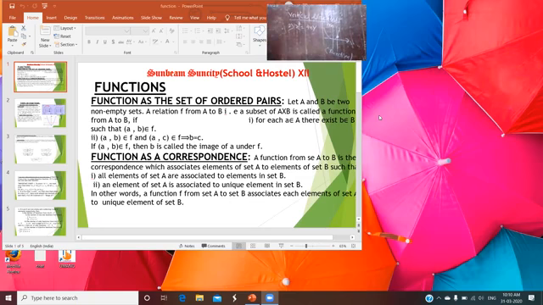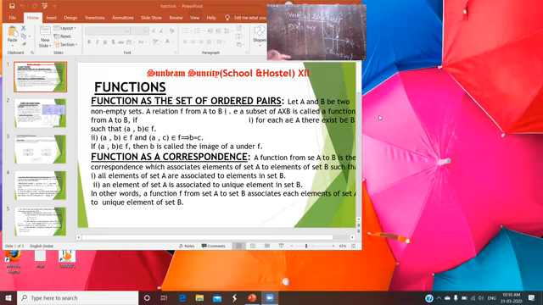And in the same way, you well know about the domain and co-domain of the function, and what we mean by the range of the function. Range of the function means what? It is all the possible values of the function wherever the function is defined in its domain.